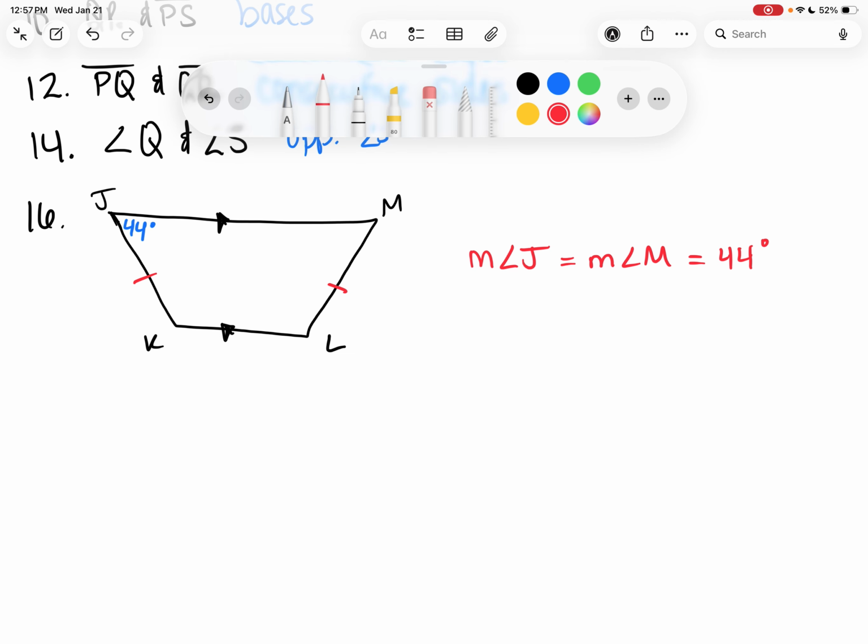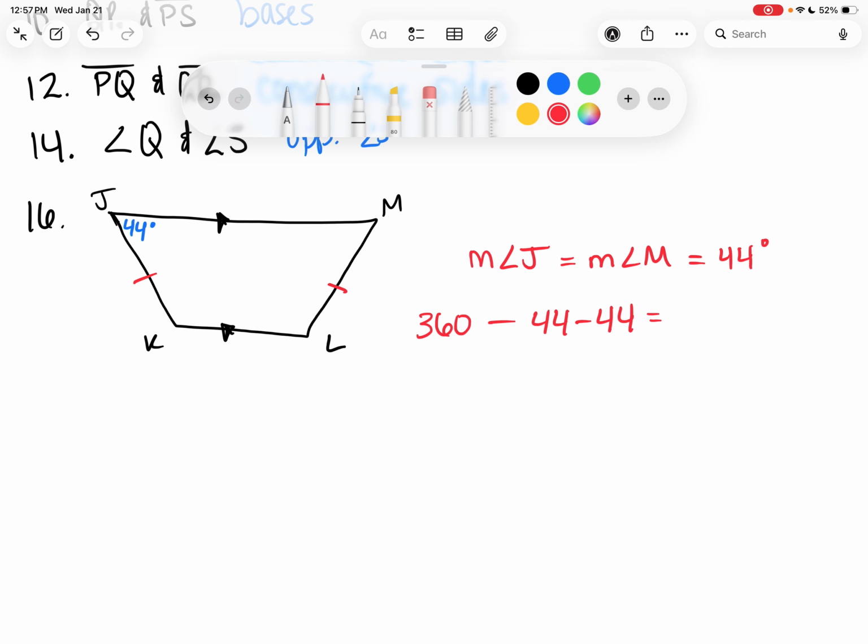Now I need to solve for the other ones. So like I said, I like to just do 360 minus those two values. So we would do 360 minus 44 minus 44.